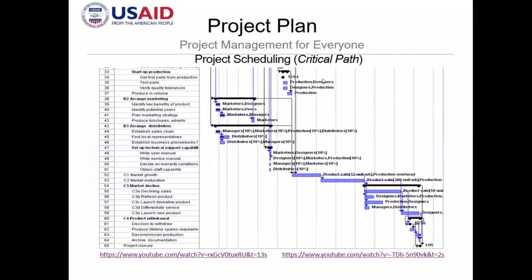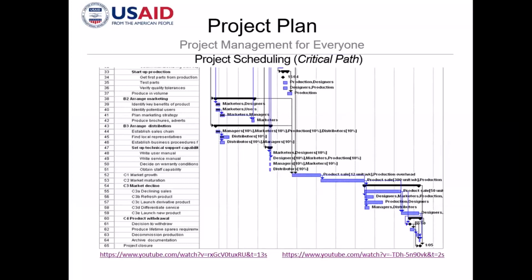So I hope you now understand that PERT and CPM are just two different representations, but more or less they are the same. So if you already have a project schedule, for example, if you're already using MS Project, it will already compute the critical path automatically.